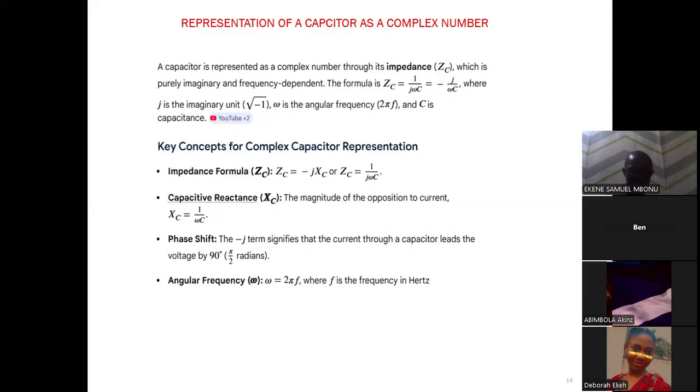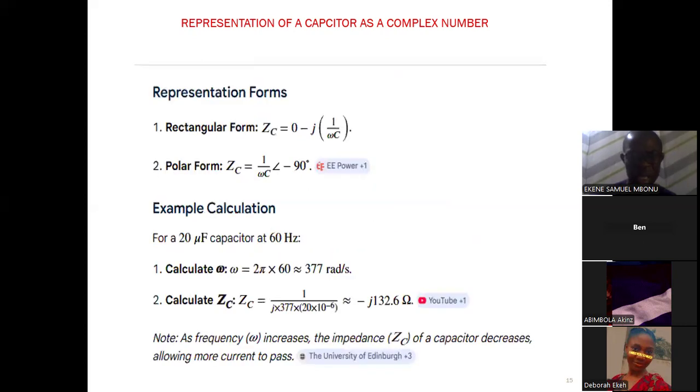The angular frequency ω is equal to 2πf, where f is the frequency in hertz. So in rectangular form, ZC can be represented as shown here. This is a purely capacitive circuit, and the polar form of the representation is as shown here.